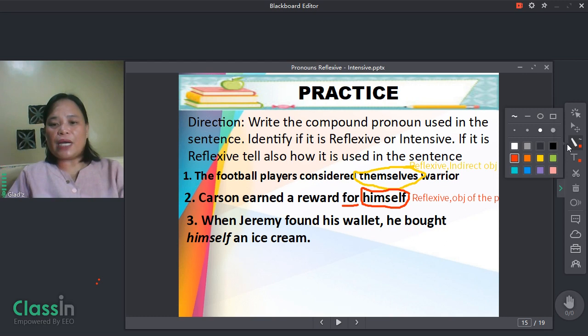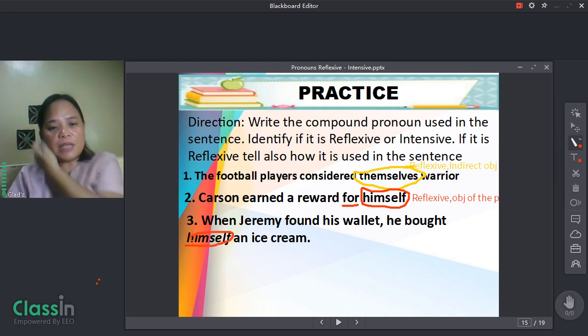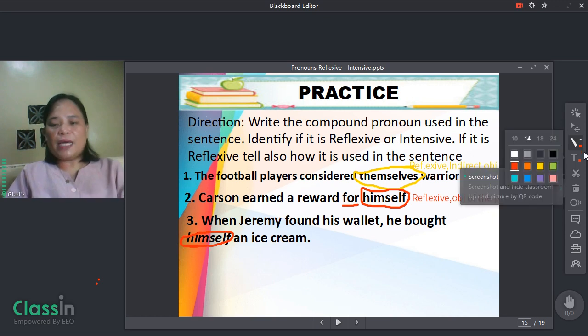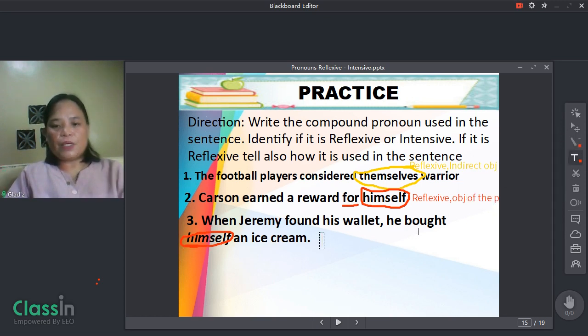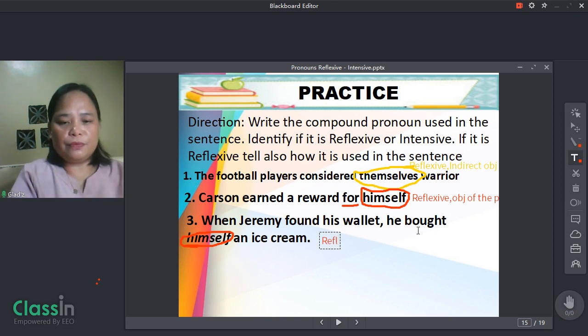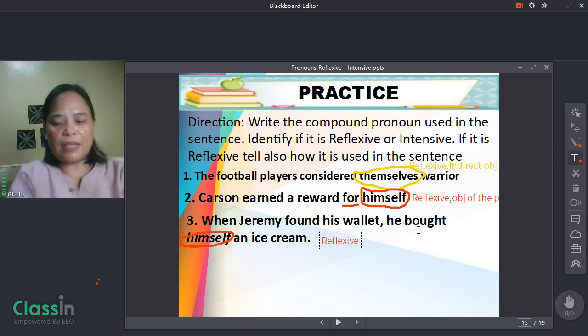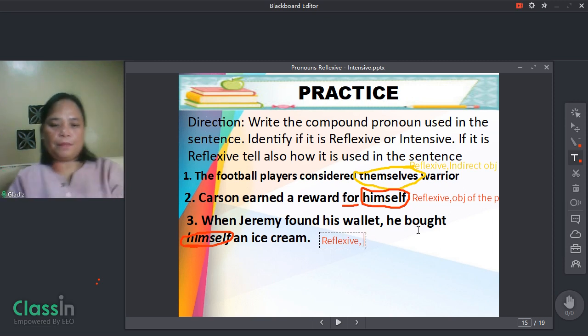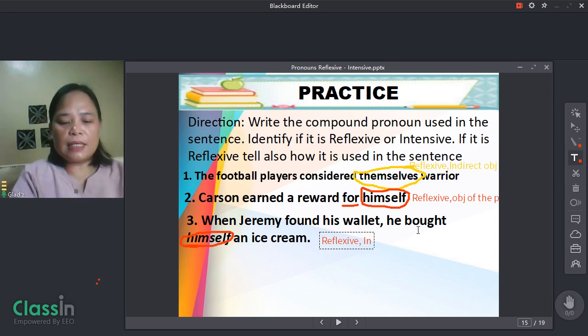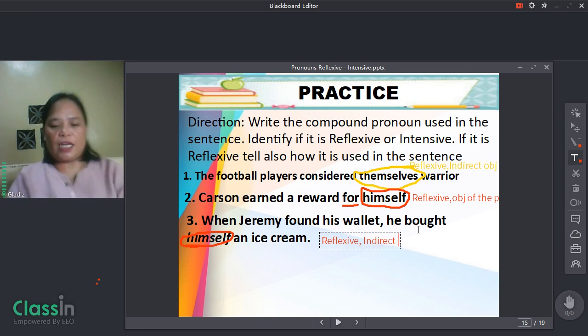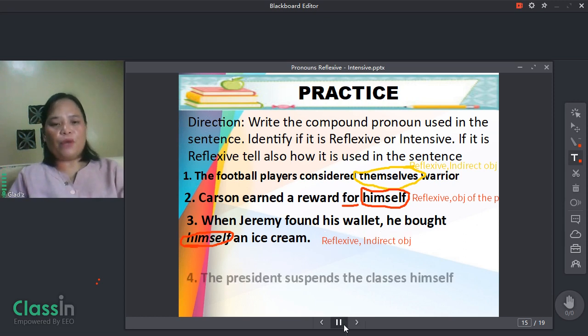The compound pronoun here is himself, and it is a reflexive pronoun used as indirect object. How about number four?